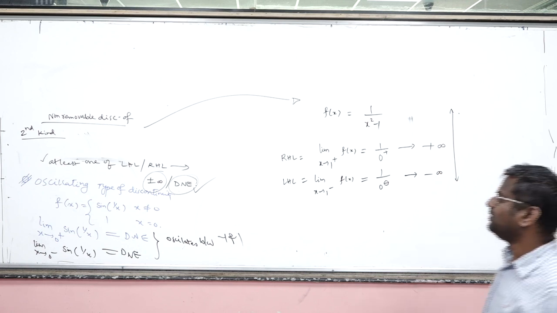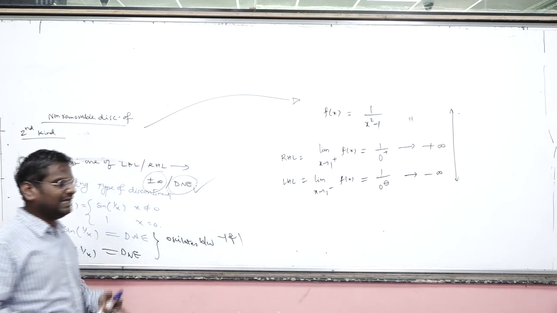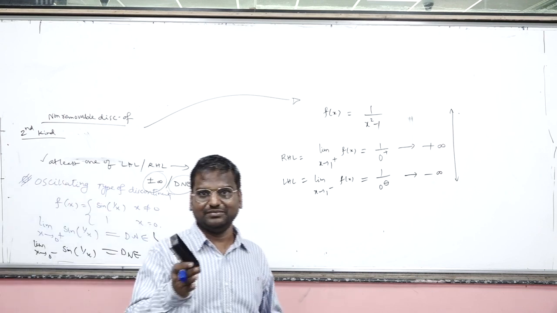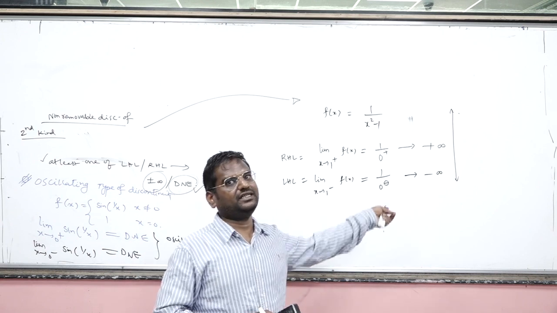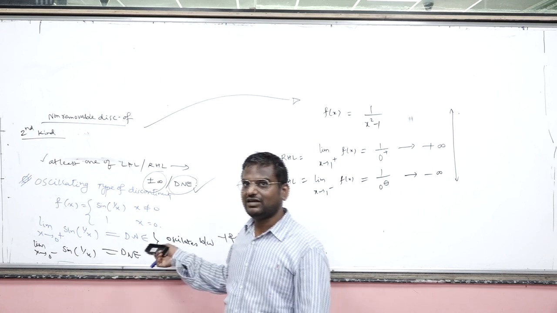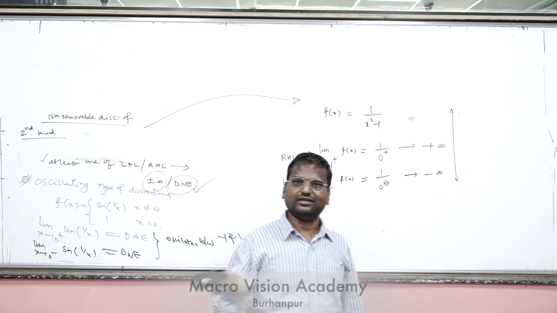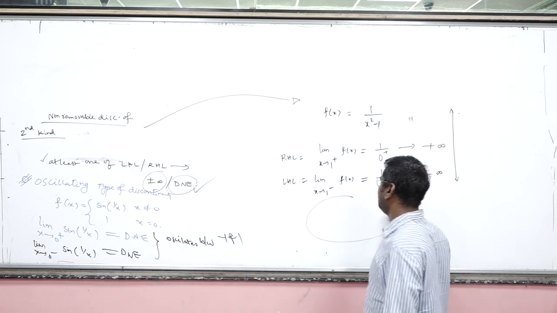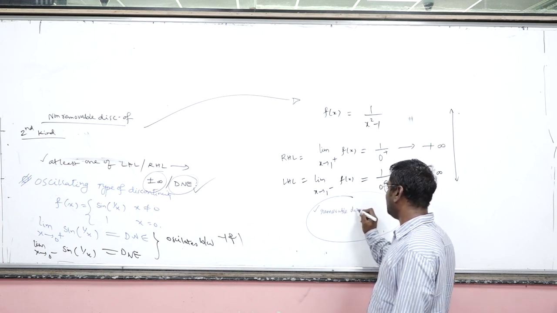So in the case of non-removable discontinuity, we have seen the case where LHL, RHL are finite real numbers but they are not equal. That was jump discontinuity. And LHL or RHL going to plus minus infinity, that is non-removable discontinuity of the second kind. And again LHL, RHL does not exist as a fixed number, oscillating discontinuity. Okay. So out of all this, for JEE, all you need to remember is only one thing. What is removable discontinuity?